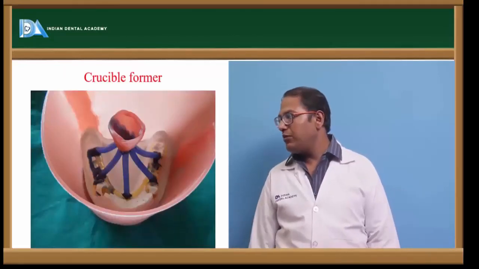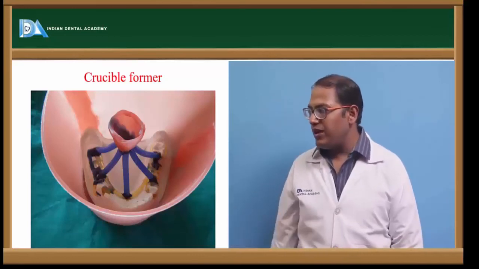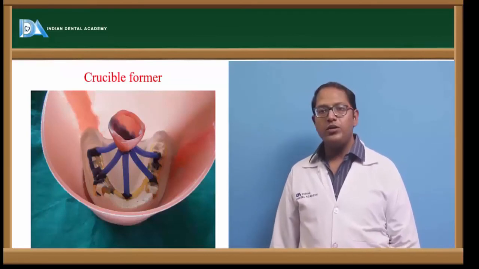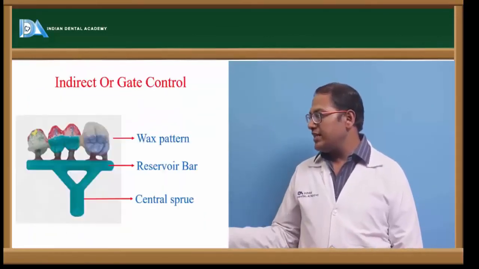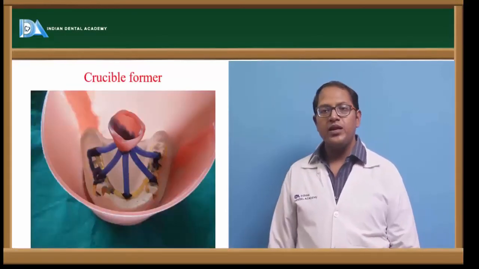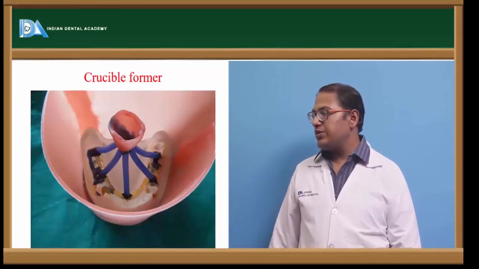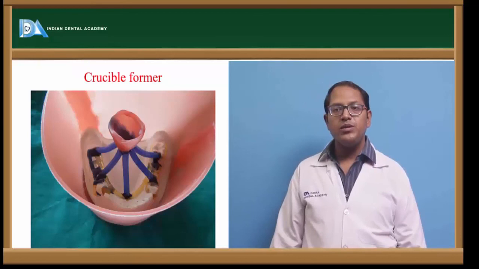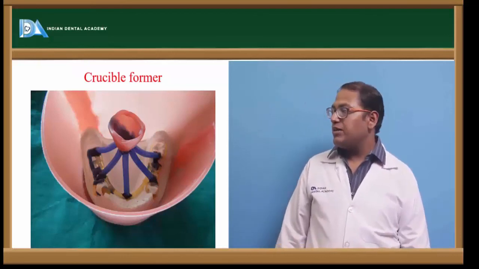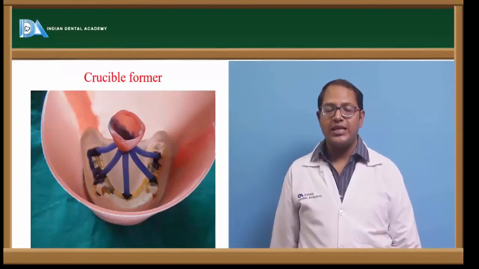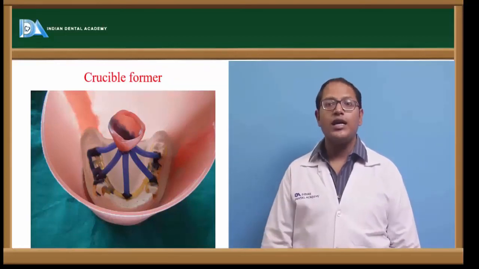Coming to crucible former. Now this is a crucible former made for a cast partial denture. The sprue is attached to a crucible former. We know it is usually made of rubber, which consists of a base like this, which is there during investing the pattern. The exact shape of the crucible former depends upon the type of casting machine you are using, and whether you are using an open casting or a closed casting, that is with casting ring or without casting ring.